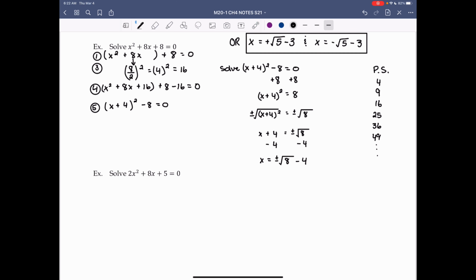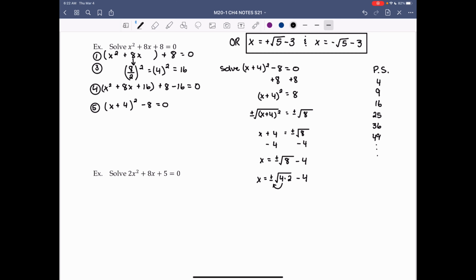So we can write this as x equals plus minus the square root of 4 times 2 minus 4. Then the number that came from our perfect square list can be square rooted and taken out.